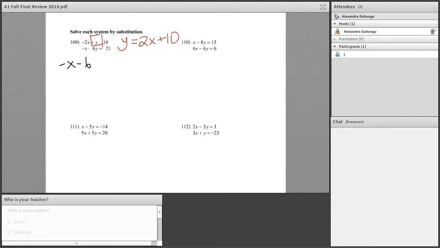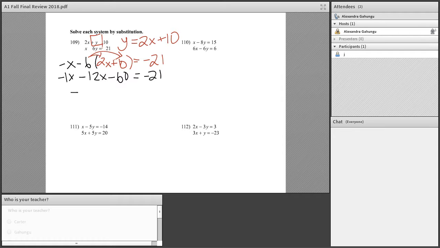And it's minus 6, and that 6 is multiplied to y, so I substitute. So instead of having y there, I have 2x plus 10. And I'm going to distribute, and I'll be able to solve for x. So I get negative x minus 12x minus 60 equals negative 21.